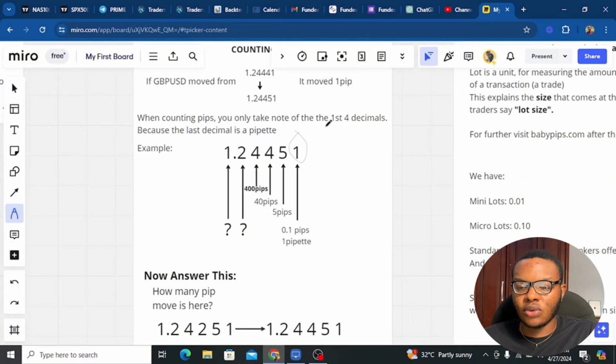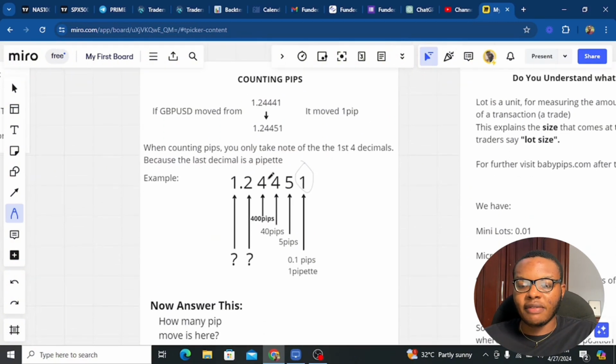But simply put, if we have it that this was 1.1111, this should have been 1 pip, 10 pips, 100 pips, but the digits here are not 1. Unfortunately, we have normal numbers: 1, 2, 4, 4, 5, 1. So this makes this guy here 5 pips.